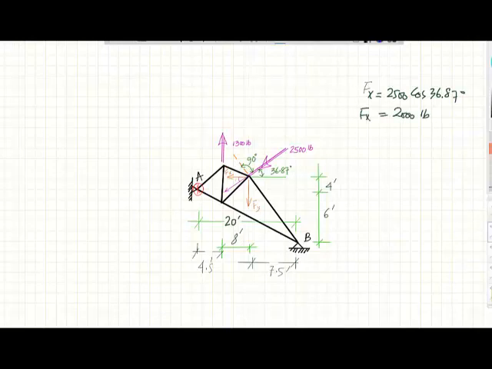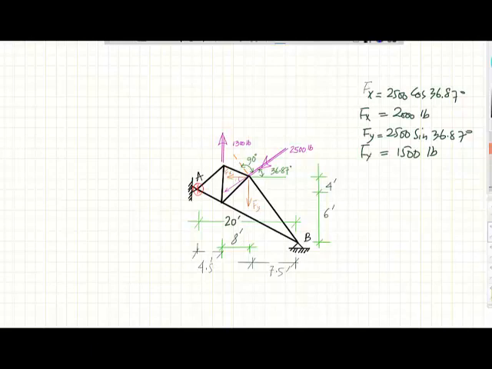That's for Fx. And Fy is equal to 2500 sine 36.87 degrees, and this is equal to 1500 pounds. Now we have calculated the values for the components.